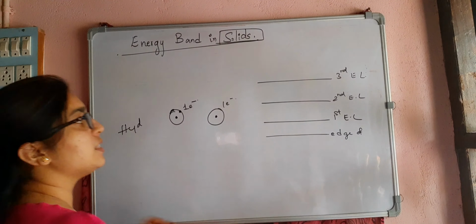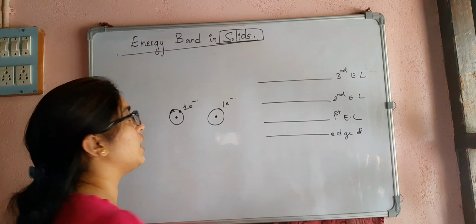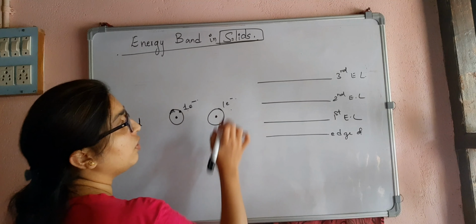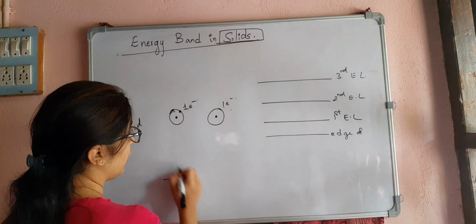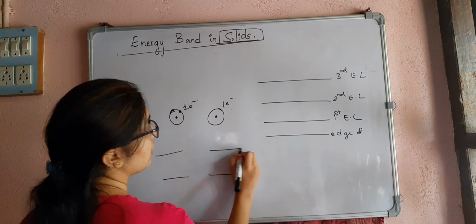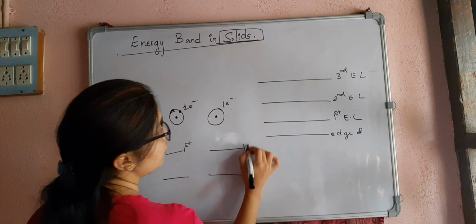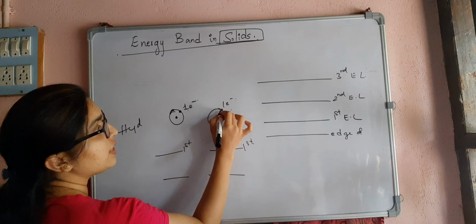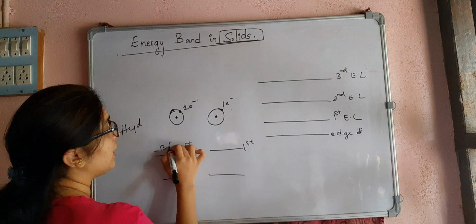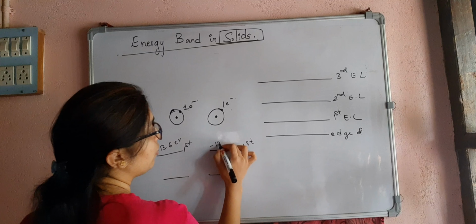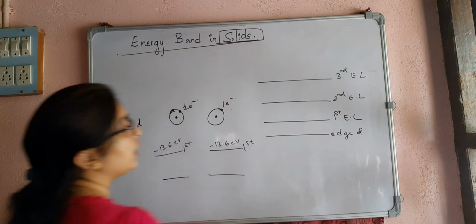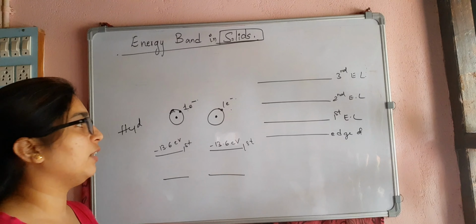First let us consider two isolated hydrogen atoms. Here there is one electron, here there is one electron. This is the first level, this is also the first level. The electron in this orbit has the energy minus 13.6 electron volt. Here also it has minus 13.6 electron volt.